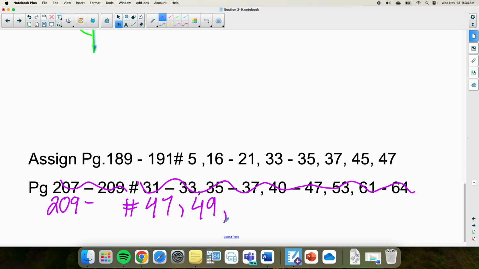And then we're going to do 53 and 54. And then we'll do 60 to 64. All right, so that is the assignment. Oh, to 210. 209 to 210.